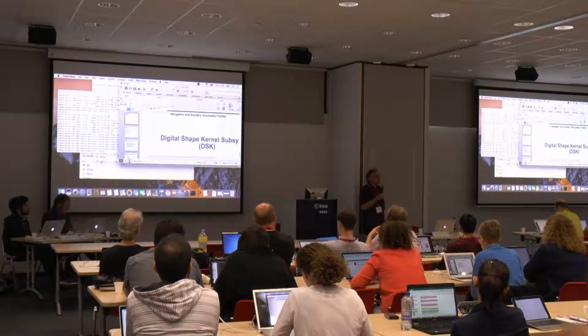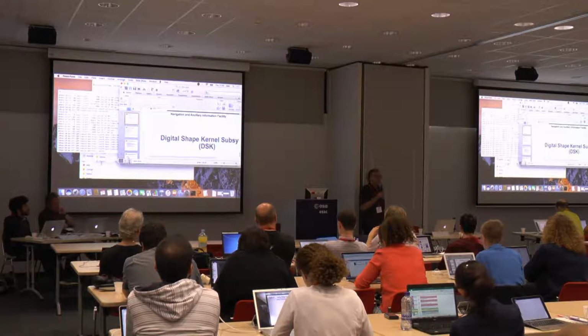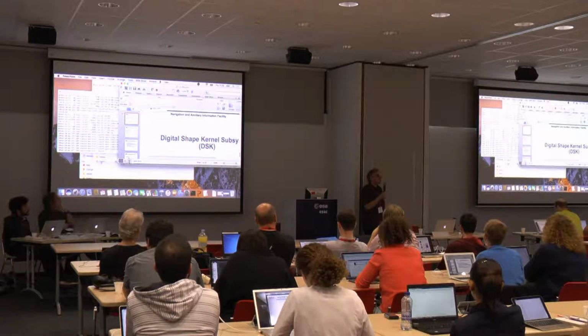You think of this as improving the computations that you could do with an ellipsoid to now have a more accurate surface representation. You want to do the same computations in most cases, but you just want to model the surface more accurately. For example, if you want to know the spacecraft height above the surface, instead of computing the height above the reference ellipsoid, you now can compute the height above the actual surface using your DSKs. Okay, any questions?